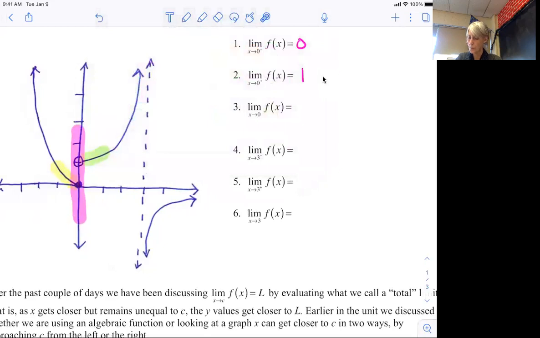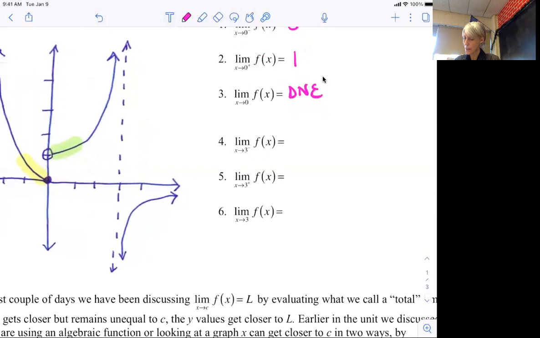No. This and this are different numbers. So the limit as x approaches 0 does not exist. They have to be the same value in order for it to exist. And we did discuss the other day, when you see a jump like that in the graph, that means the limit does not exist.